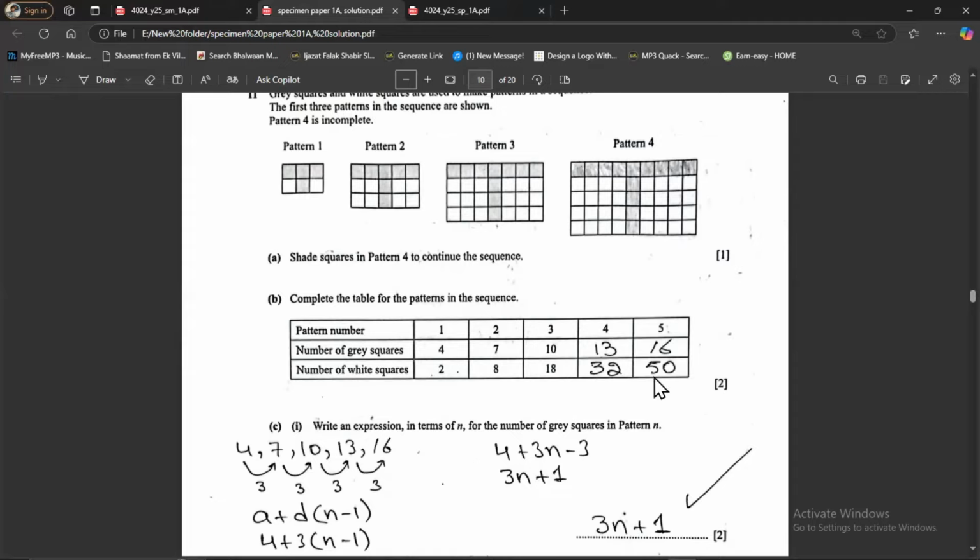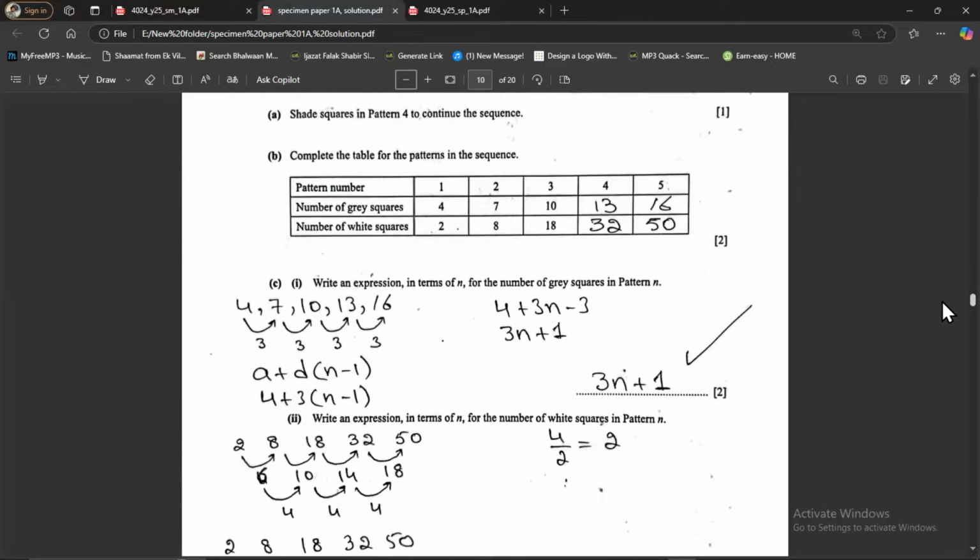How do I know it's 50? You added 6, then you added 10, then you added 14, then you added 18.